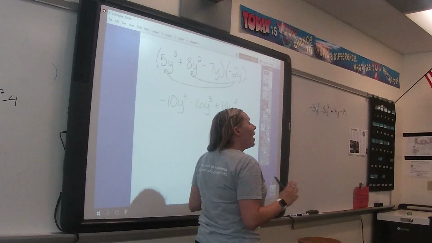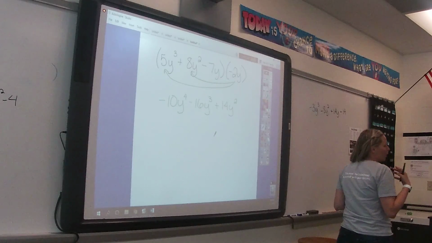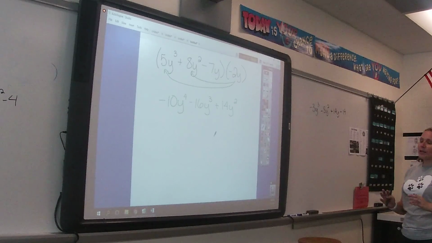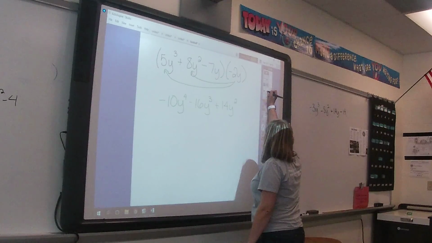Now, as the polynomial gets larger, so if we're no longer distributing a monomial, we'll just have to do multiple sets of distributing. So if it's a binomial, a trinomial, they get longer, they don't get any more difficult.